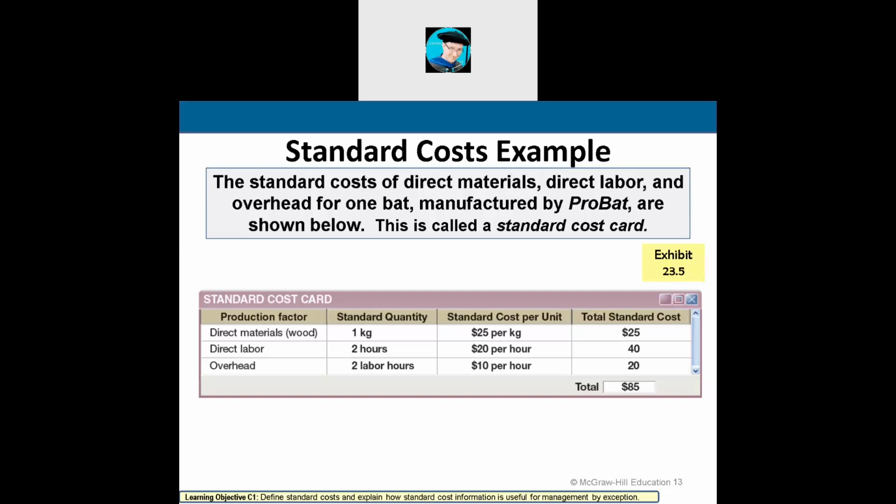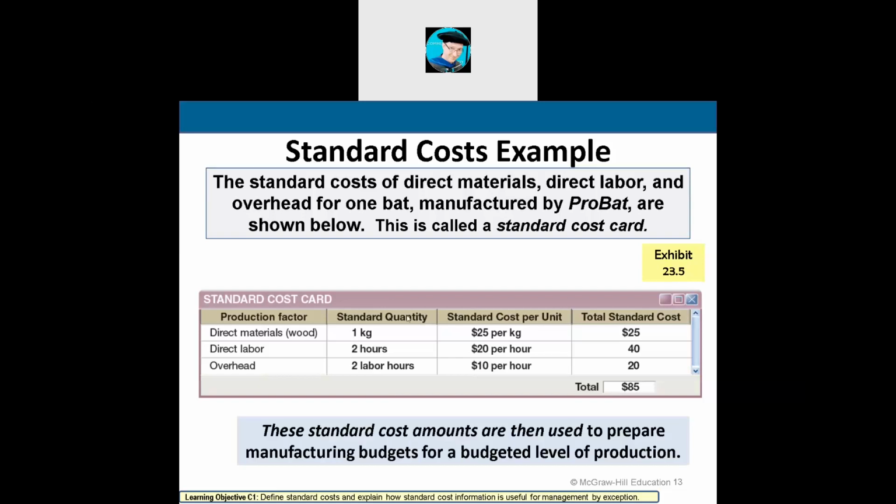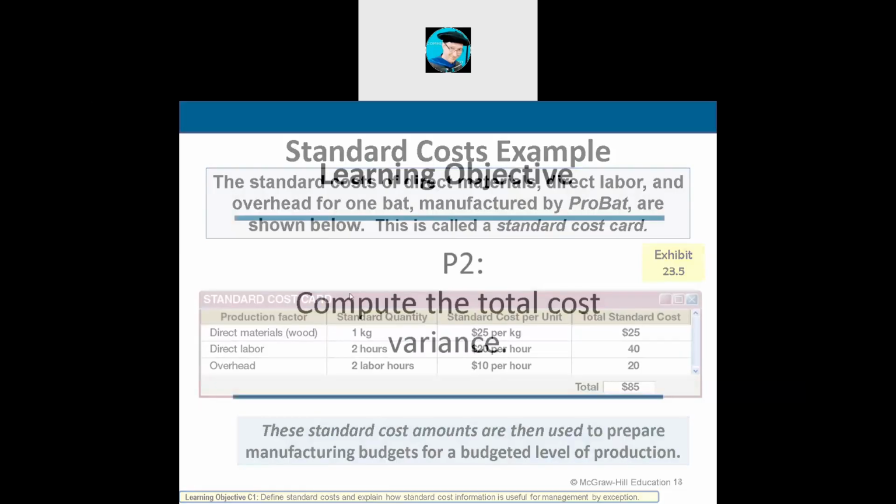So standard direct material plus standard direct labor plus standard overhead is $85 per baseball bat. That's my standard cost. Of course, we call those the budgeted costs. That's how I want you to think about it.